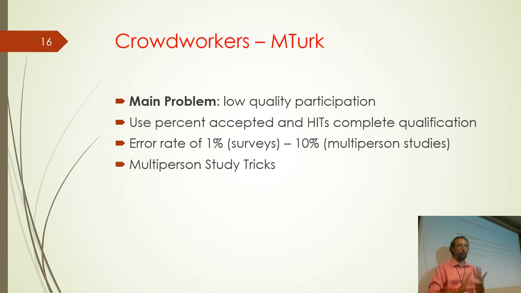Because Mechanical Turk is very diligent about hunting these people out and making sure that people are working well and working in good faith. And so the people who are not tend to get weeded out early, but they still do it pretty regularly. So if you do those two qualifications, you can generally filter out most of the issues there. Again, expect an error rate of about 1% for something like a survey and 10% for a multi-person study.